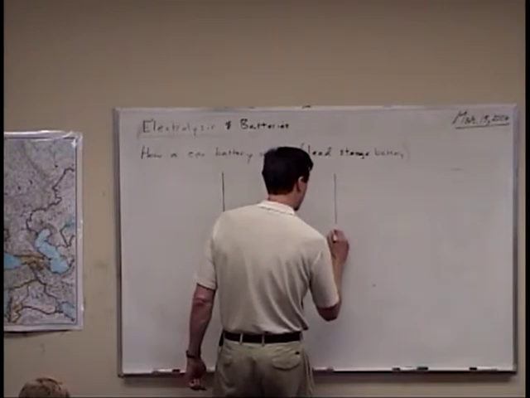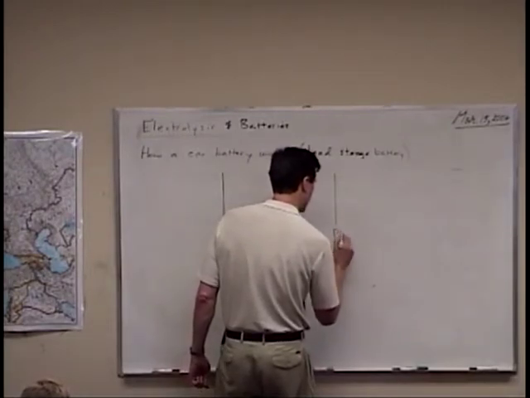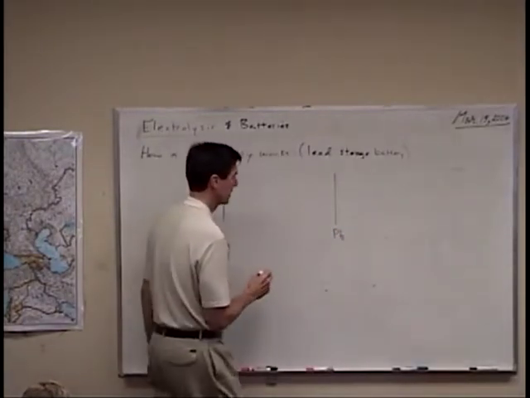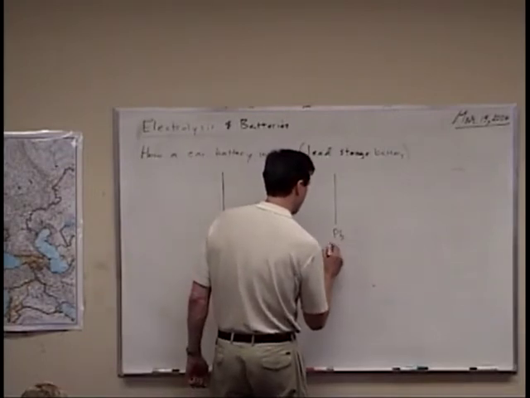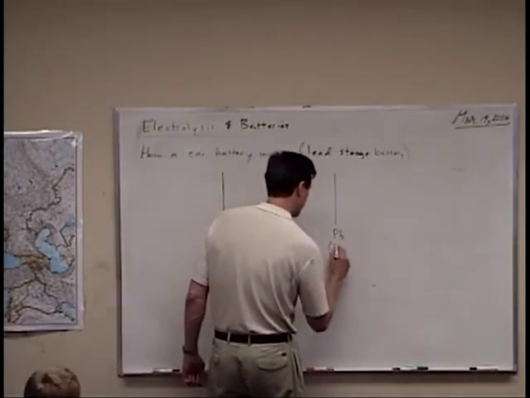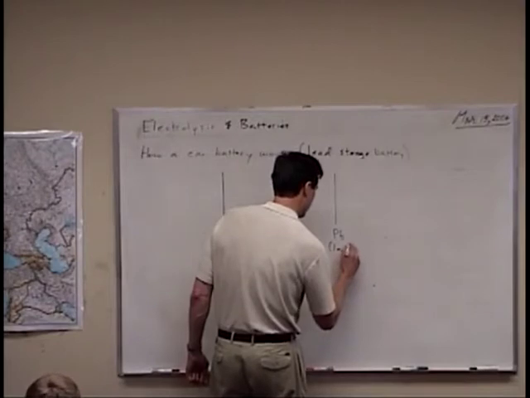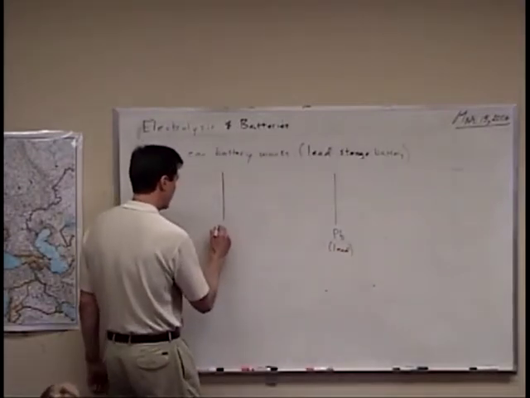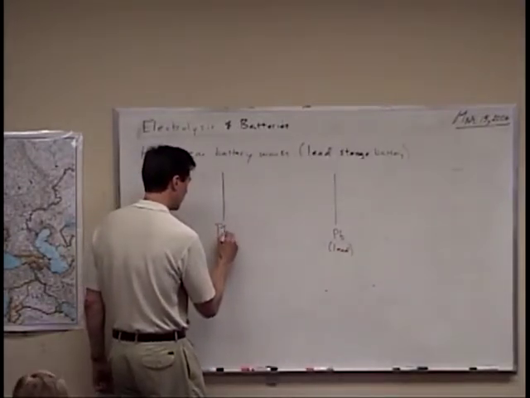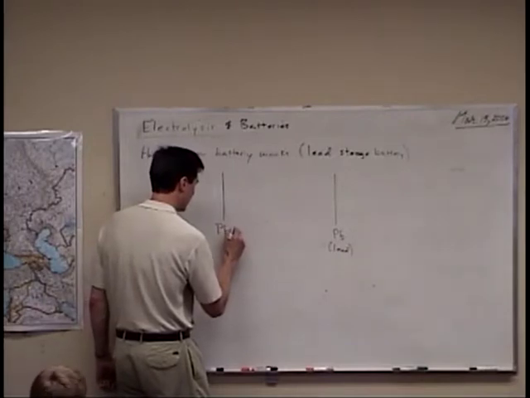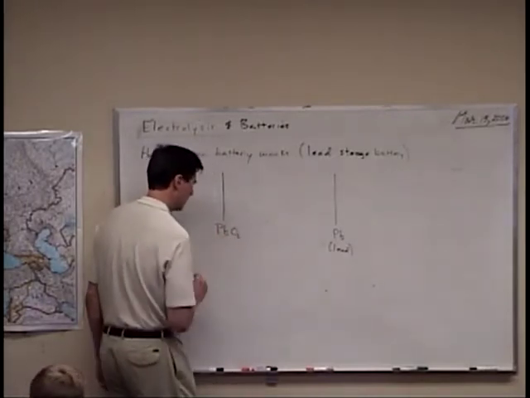One of these plates is lead. The symbol for that is Pb. And the other plate is lead oxide.